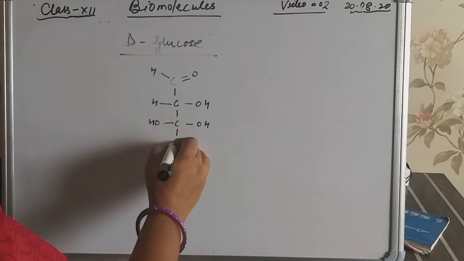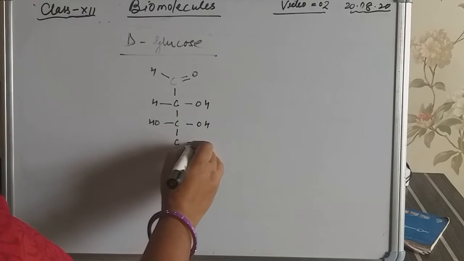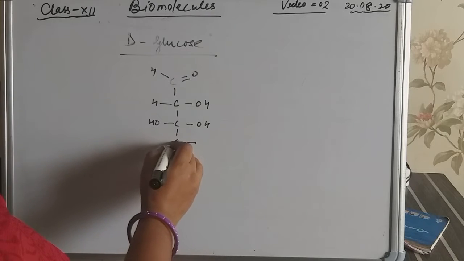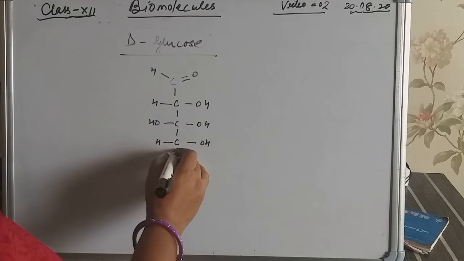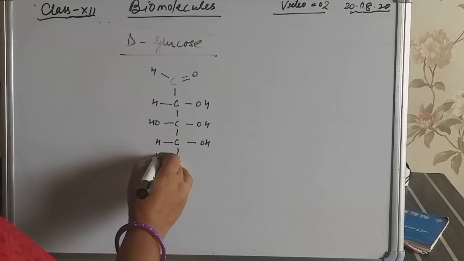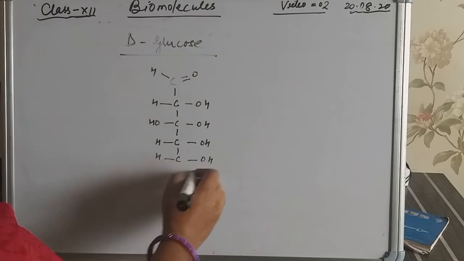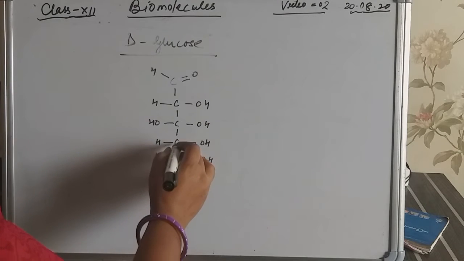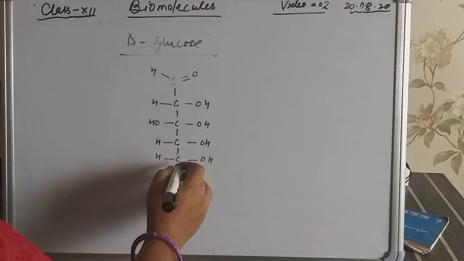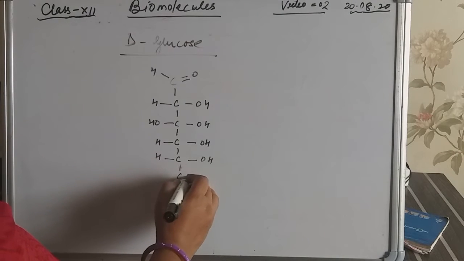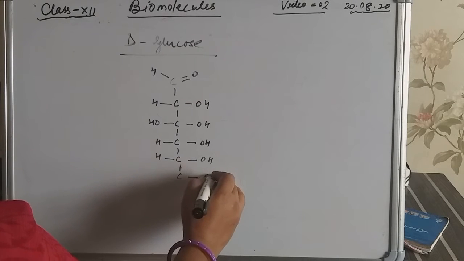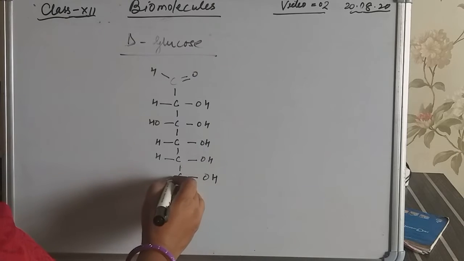OH, C, H, OH, C, H and OH. We number the carbons 1, 2, 3, 4, 5 and 6.